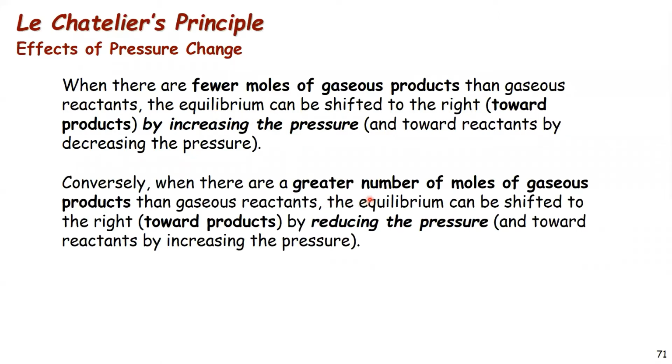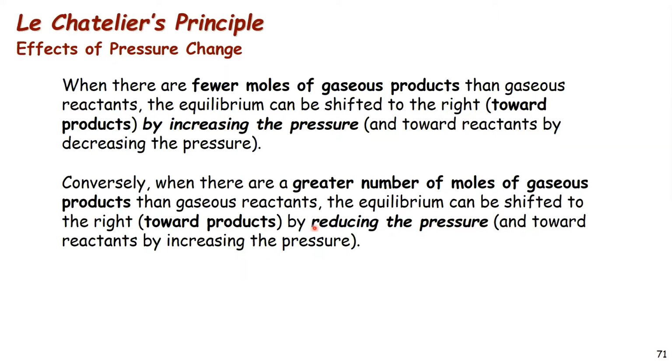If there's a greater number of gaseous products, then it's just going to be the opposite, right? So we're going to have to reduce the pressure to get it to go towards the products, and we're going to go back to the reactants by increasing the pressure.